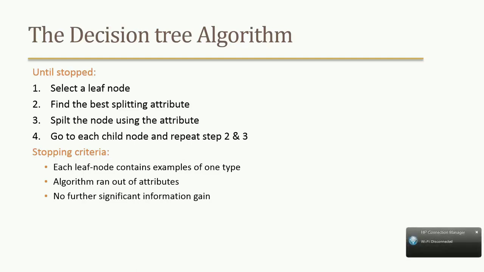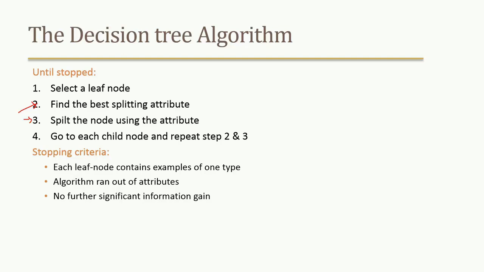Split the node using that attribute, then go to the child nodes and repeat steps 2 and 3 again and again. Once you have the child nodes, go to each child node, find the best split attribute, and split it. So we repeat the process of splitting again and again.